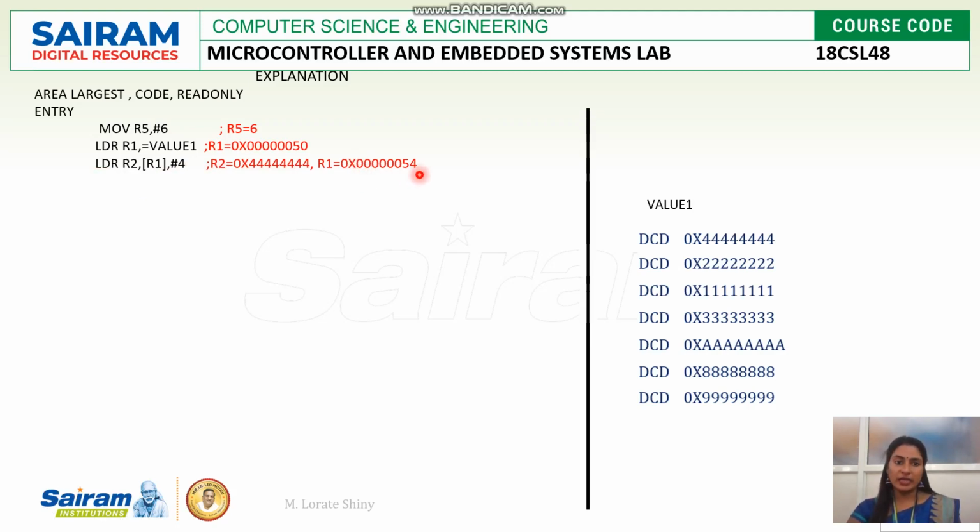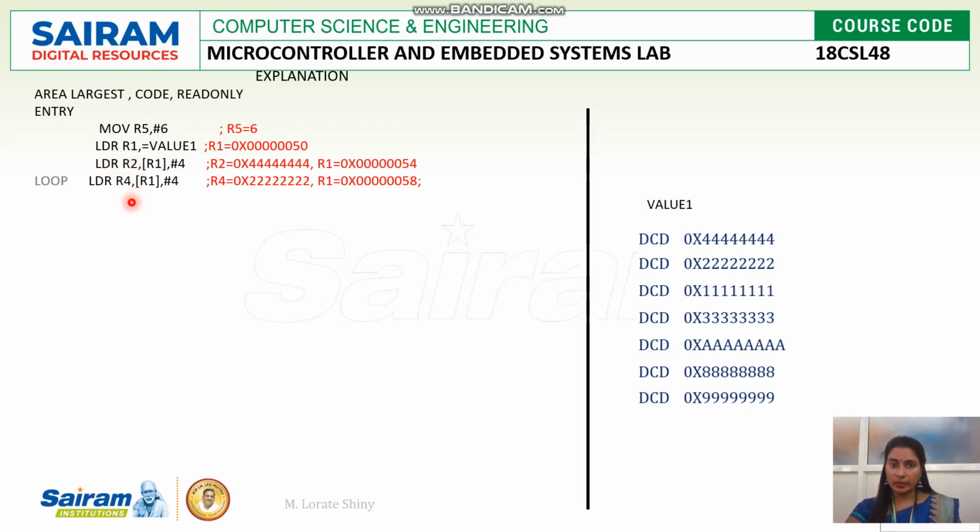So one data we have taken, but we need another data also to compare. We need the second data also. So again an LDR instruction, here the loop starts: LDR R4, [R1], #4. The first data is available in the R2 register.